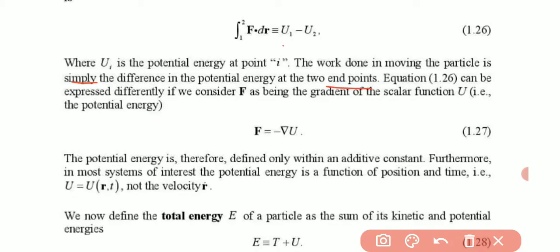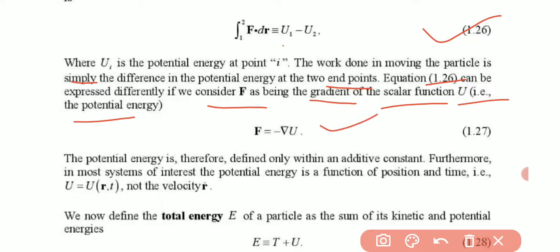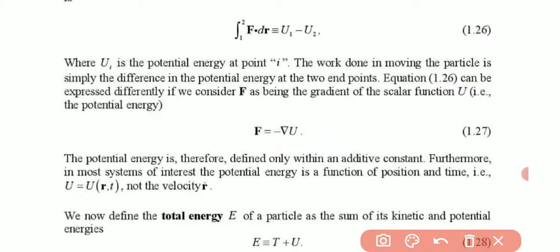Equation 1.26 can be expressed differently if we consider F as being the gradient of the scalar function U, that means the potential energy. F will be equal to minus del U. This equation is 1.27.